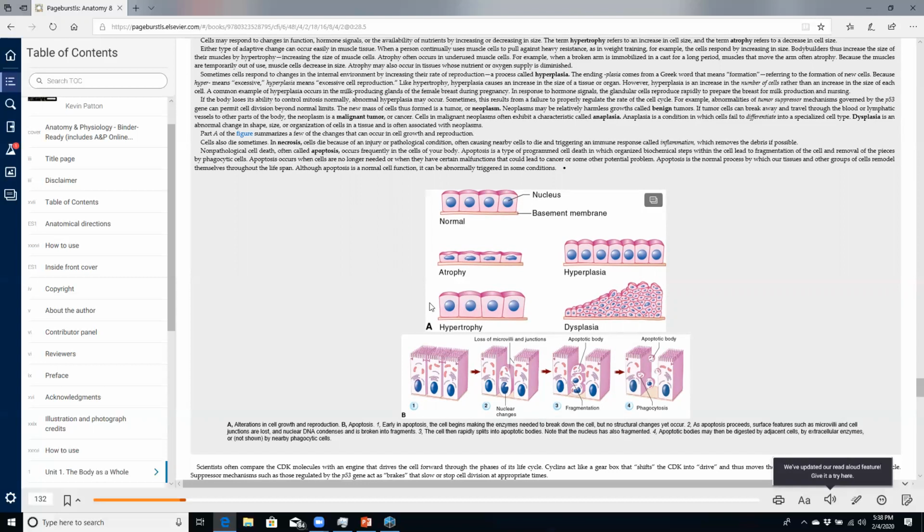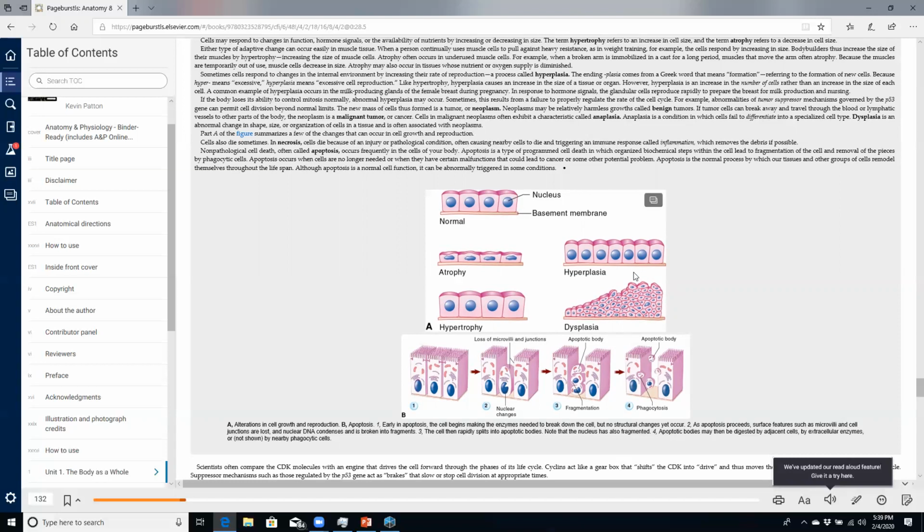So those are opposites. And then we have a term that means having cells that have increased in number. So you can have cells that increase in size and we call that hypertrophy, but if they increase in number, we're gonna call that hyperplasia.